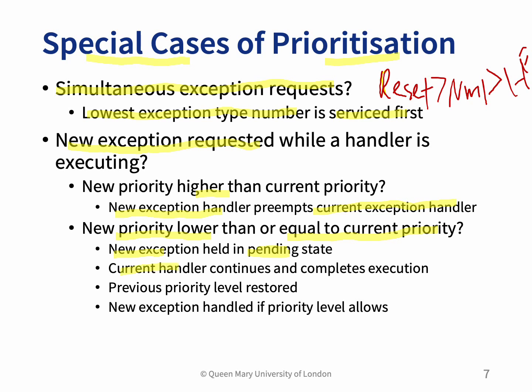And the current handler will continue to finish its execution, right? And then the previous priority level will be restored. Finally, the new exception, which was in the pending state, will come in and be handled if the priority level allows. That means in the next round, this new exception comes with the highest priority, so it can execute the task, right?